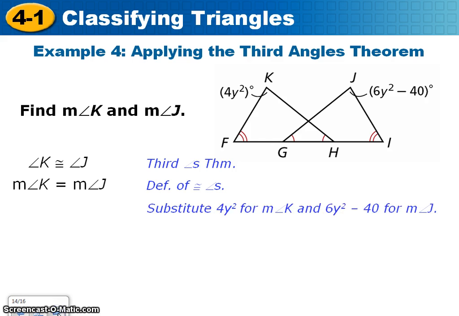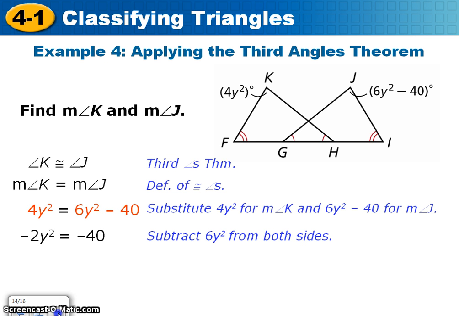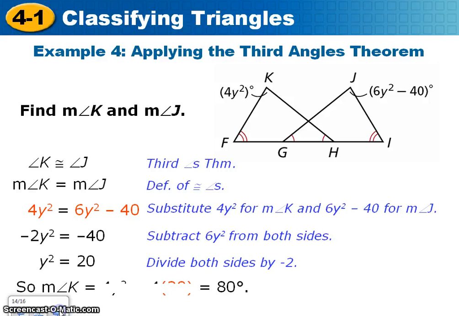I can substitute in 4y squared equal to 6y squared minus 40 to end up with y squared equal to 20. You may take that a step further and find y to be 2 square roots of 5, but if I want to plug that back in to find the measures of K and J, I'm just going to square the y value again, so the measure of K turns out to be 80 degrees, and so will the measure of J.